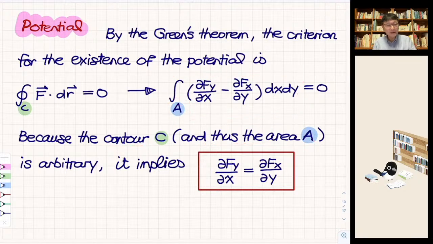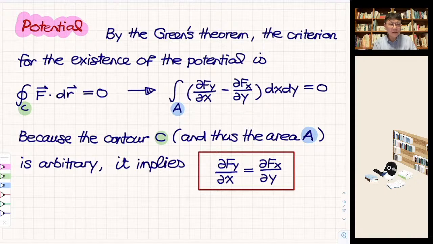And so that can only be true by the criterion that the integrand itself vanishes. And the integrand is just df_y/dx equal to df_x/dy. Okay. And so this is a much easier criterion.